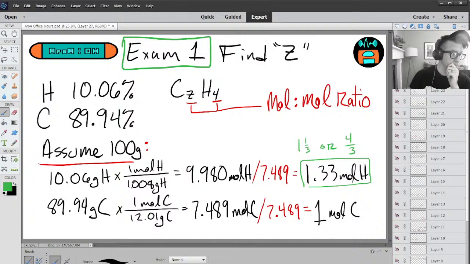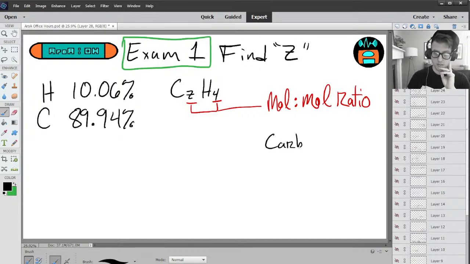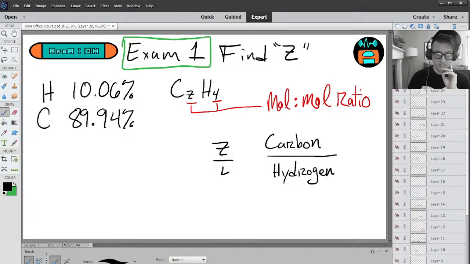Now we can use this. Here's how. We know from this formula, if we go carbon on top, hydrogen on the bottom, from our formula it's Z to 4.